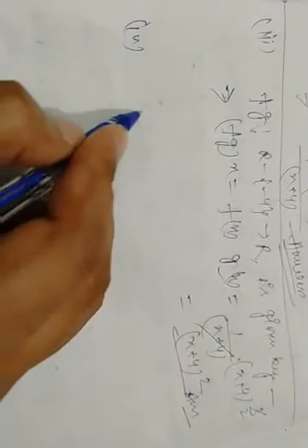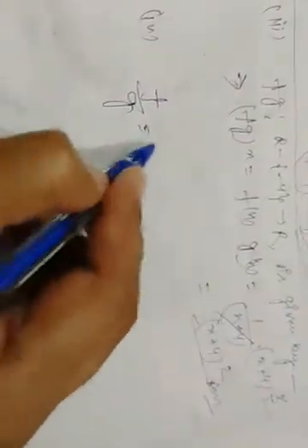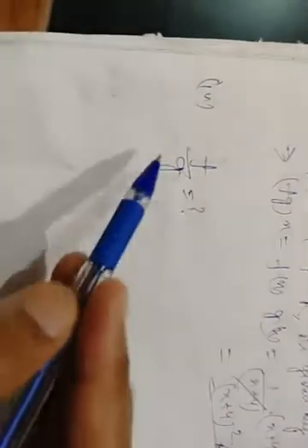Solved third part. Now we take the fourth part. We have to find f upon g. Now let's see, f upon g.